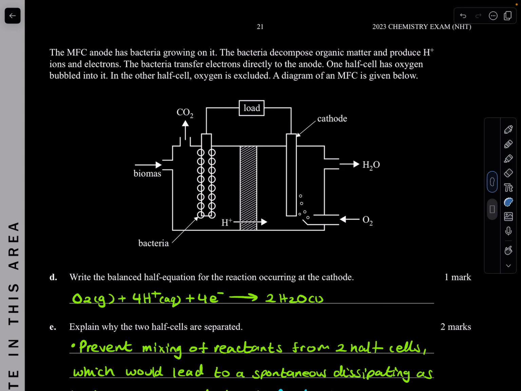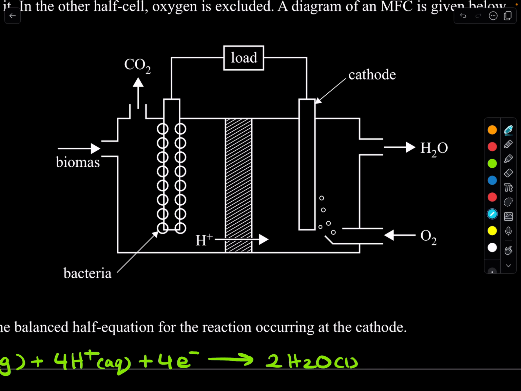Okay. So on this side, the bacteria is going to be producing H plus ions. Imagine we have all these extra H plus ions. We have a lot of H plus ions on the left-hand side, the anode side. Basically, this means on the left-hand side we have a very high concentration of H plus ions.